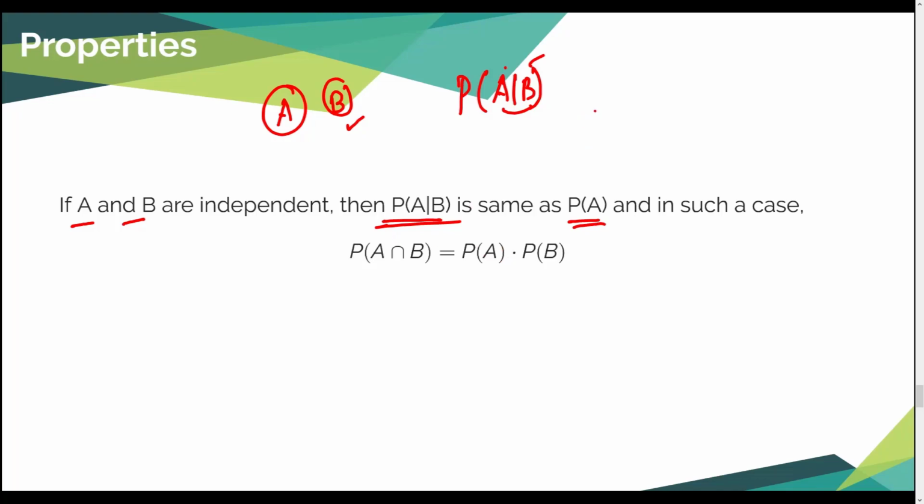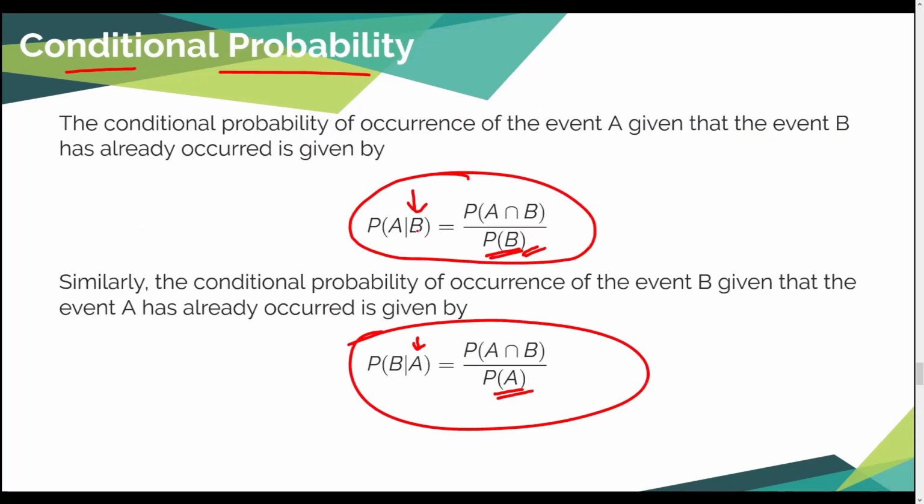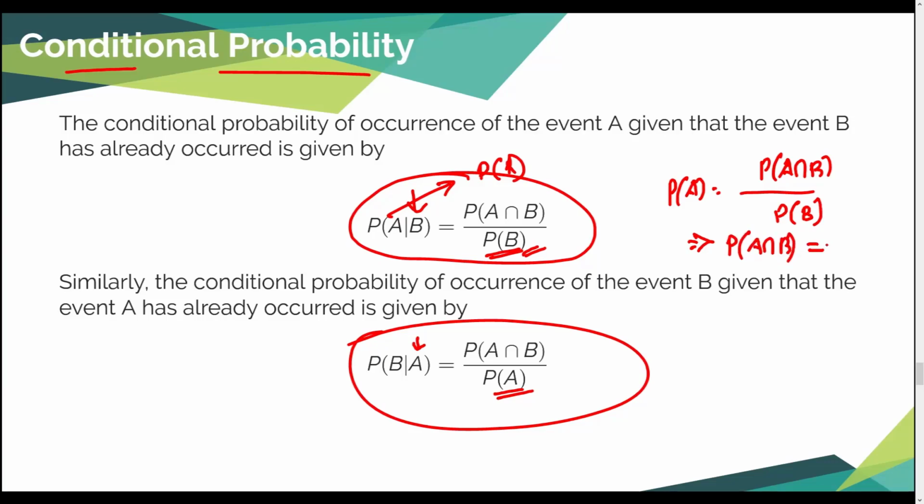So that's why we can write probability of A given B is equal to probability of A only if A and B are independent, right? And in such a case, if we place the value, probability of A is equal to probability of A intersection B divided by probability of B. So we can write probability of A intersection B is equal to probability of A into probability of B, right?